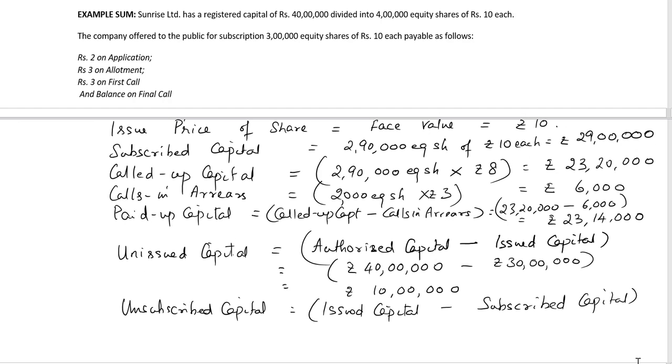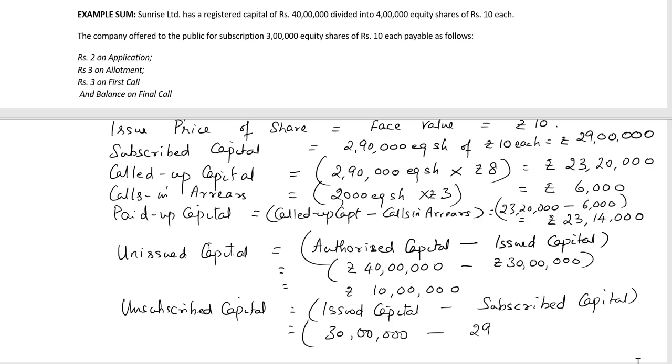The issued capital is rupees 30 lakh minus the subscribed capital 29 lakh, which is rupees 1 lakh.